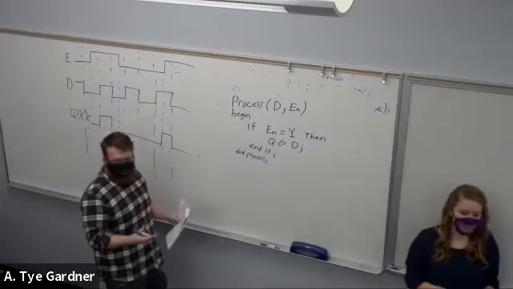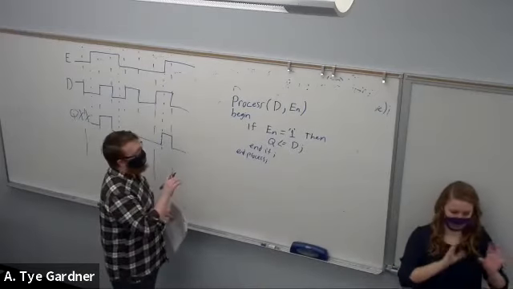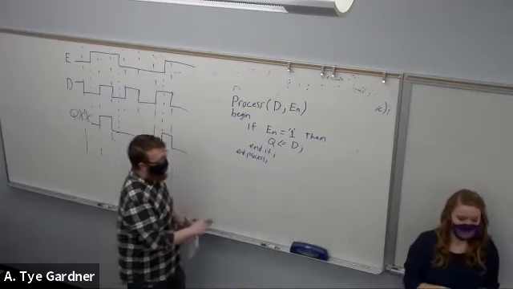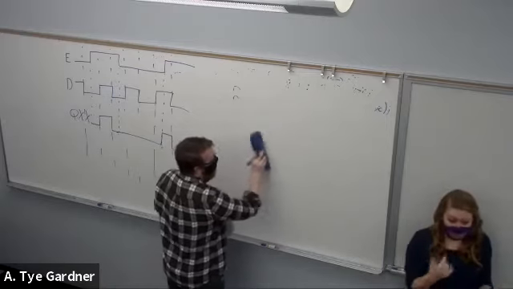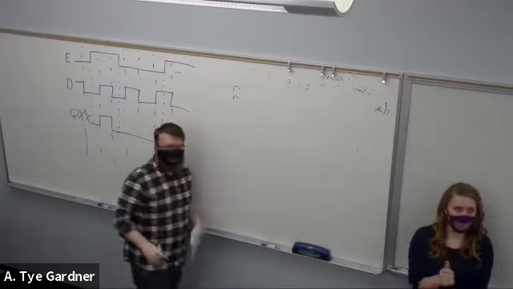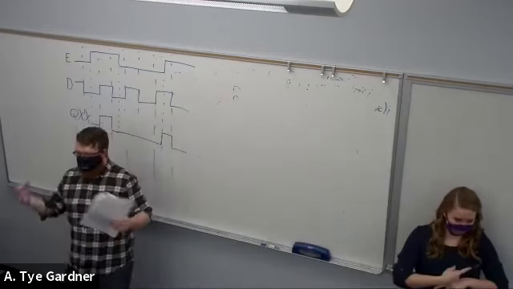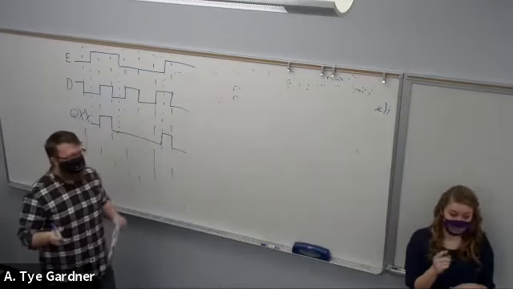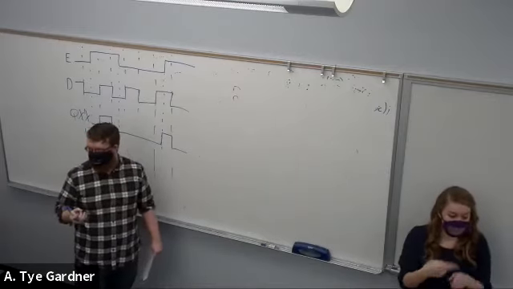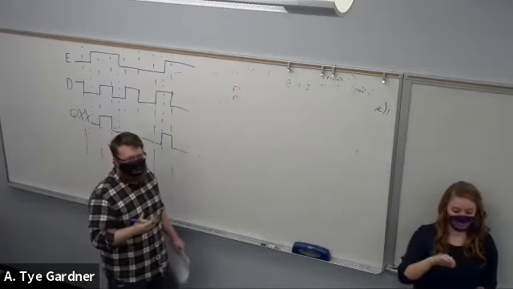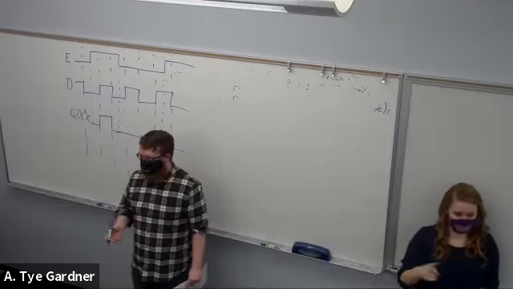But now that we see what the latch is doing, we get to build the most important block that we're going to talk about today. And a lot of everything is really built off of this. It's called the D flip-flop. Now, a flip-flop is different than a latch.